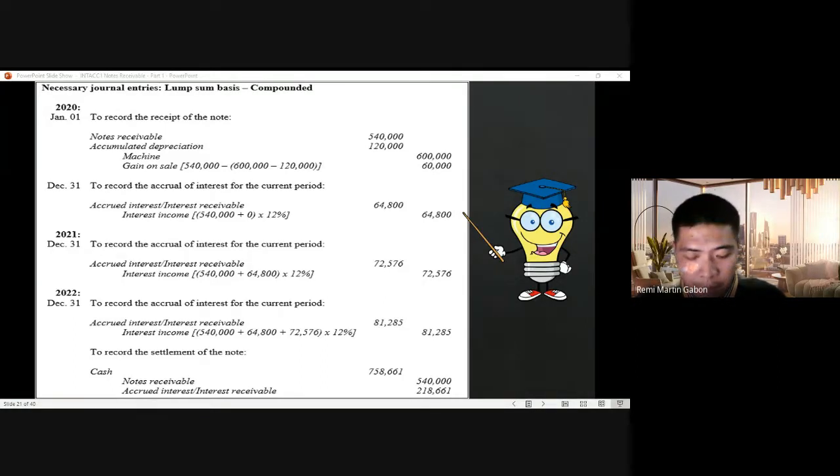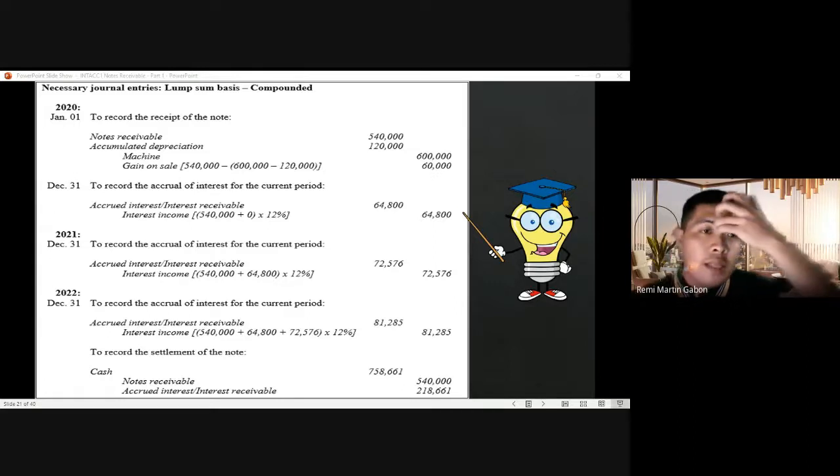Then we can drop 0.12. That should still equate to 81,285. So yan yung notion na sinasabing interest bears interest for compounding. As simple as that.